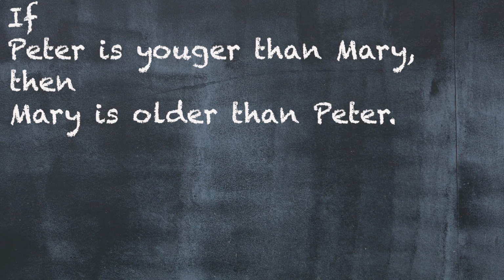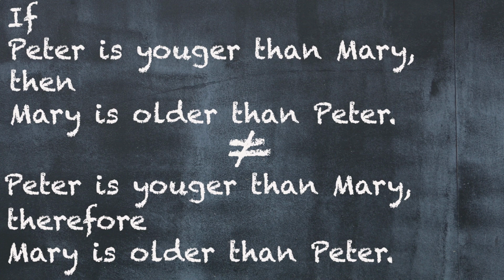So basically, the first mistake would be to confuse the conditional proposition applied to Peter and Mary with the two sentences, Peter is younger than Mary, therefore Mary is older than Peter. The if is extremely important.